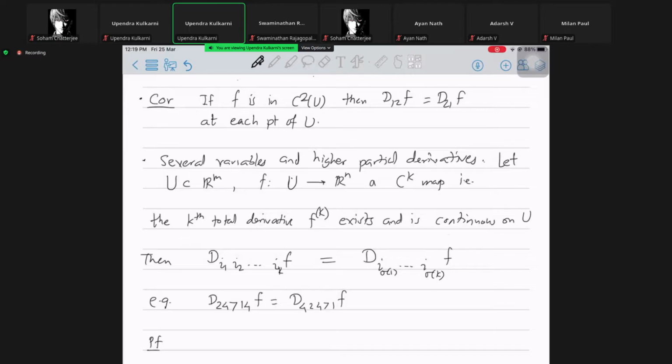Because a function that takes values in R^n, I can think of as a vector valued function, and I can deal with it component wise. So whatever I have written over here, D of whatever of f, it really is a vector valued function. So this equality is really equality of those partial derivatives applied to each component f sub j, where j goes from 1 to n.